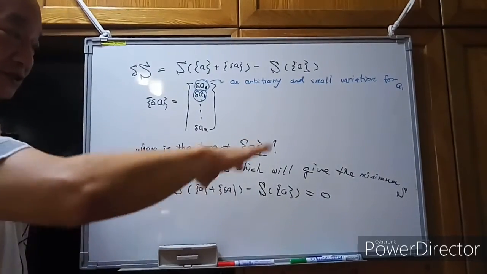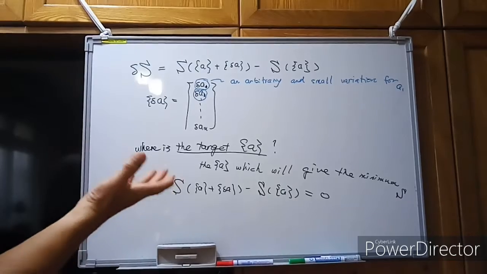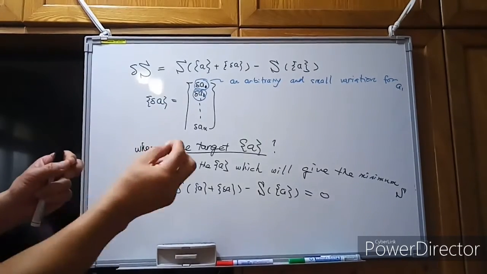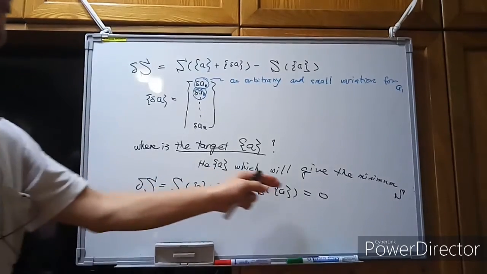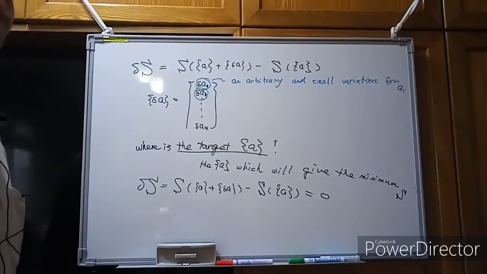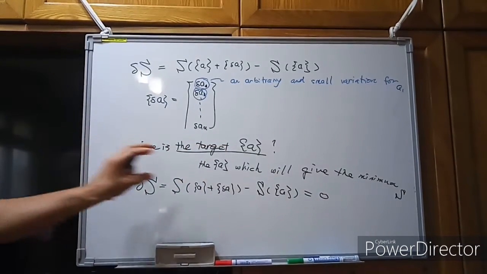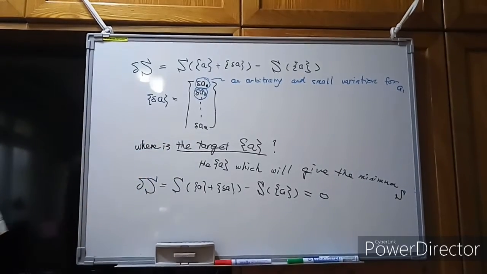So it is the bottom point of a valley. If you make any small changes, the difference of the capital S will always equal 0. Okay, so that's the criterion to give you the minimum capital S.